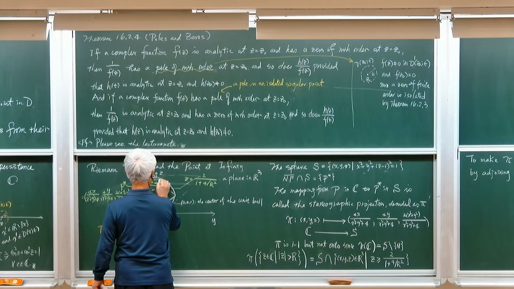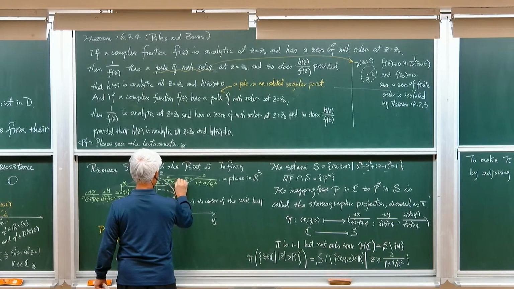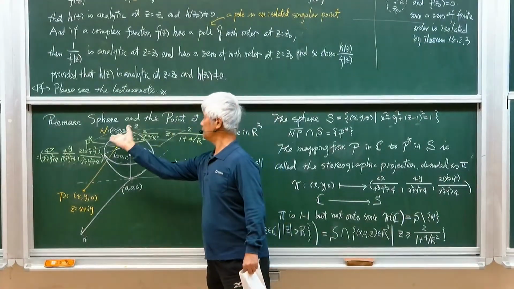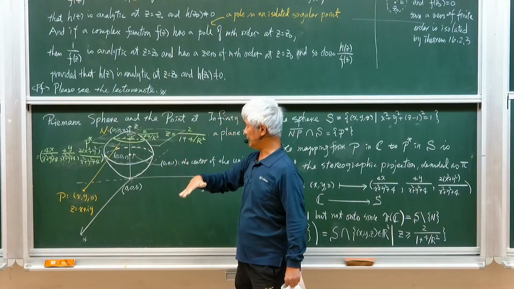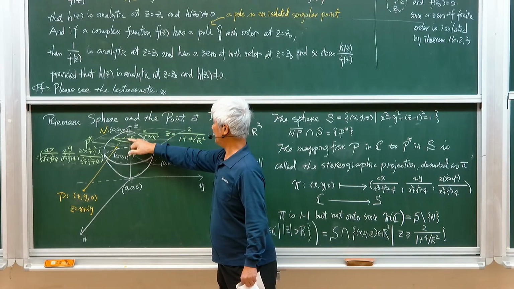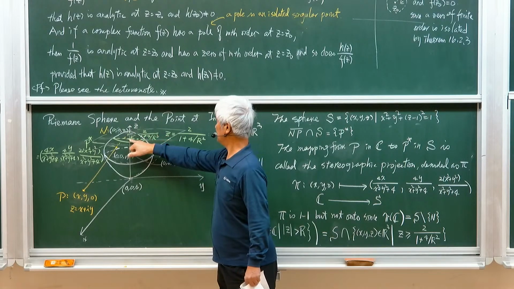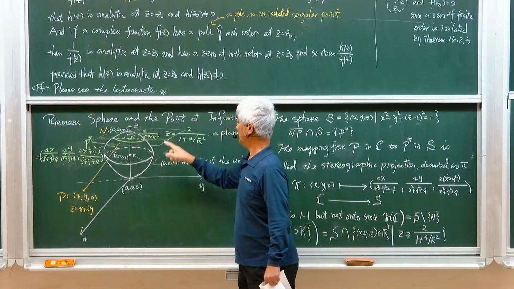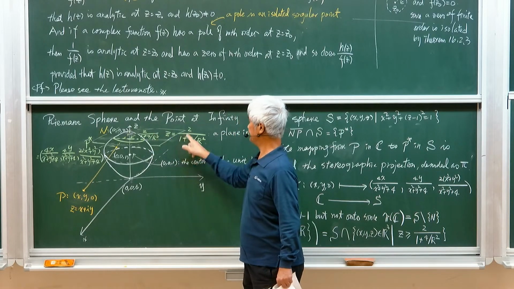So this point is x2 divided by 1 plus 4 divided by r squared. This plane is parallel with the xy plane and cuts through the point here. The z coordinate would be 2 divided by 1 plus 4 divided by r squared.